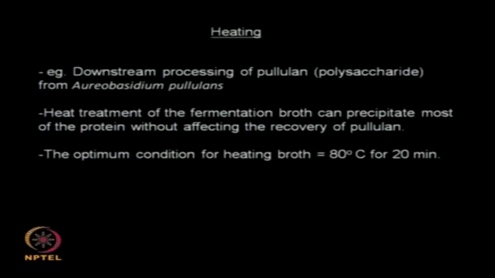Generally you heat it up to 80 degrees centigrade for about 20 minutes. So you see that when I heat at 80 degrees centigrade, most of the proteins become deactivated at that particular temperature. So whatever proteins are present, once they get deactivated, the chances are they will precipitate out actually.